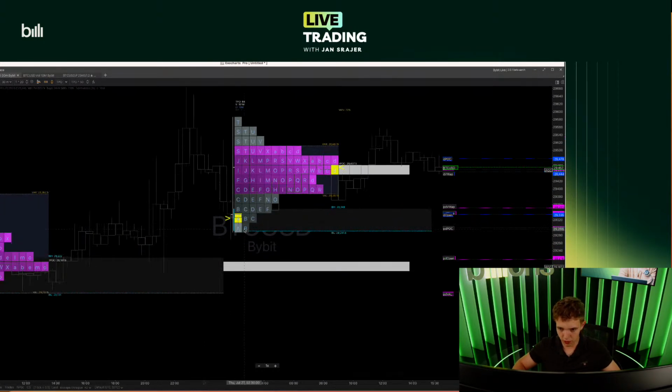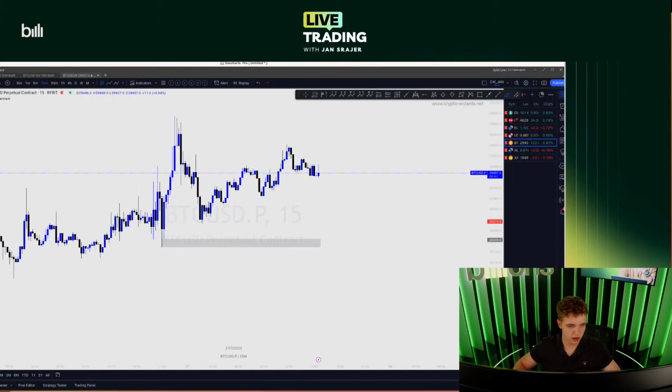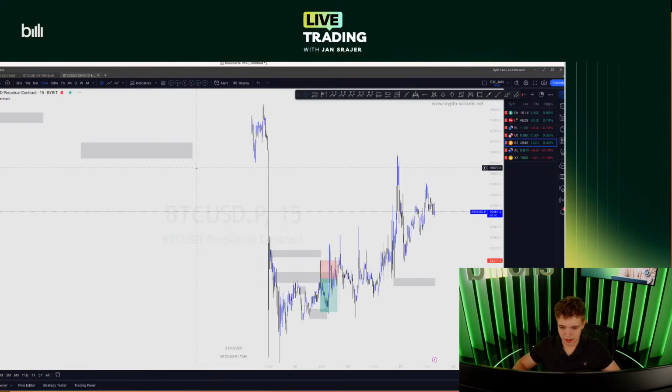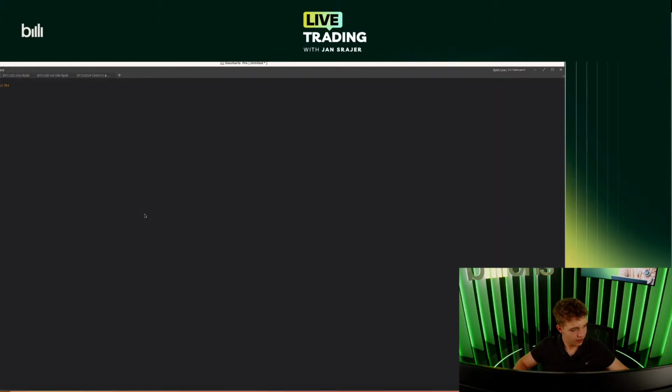Alright, so there is a poor low created on BTC. Overall, I'm also more bearish on BTC. We should start looking for a move down, but the question is from where? You know what I mean? These lows look like there is plenty of liquidity sitting below, and I kind of want to grab it and look for the fade move, right? See how it goes. Once again, the question is when it's going to happen.